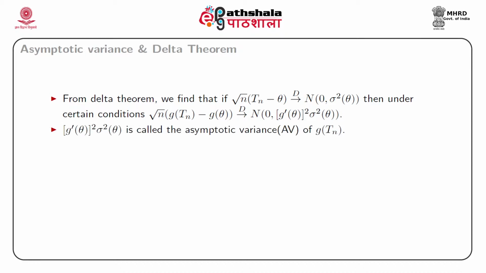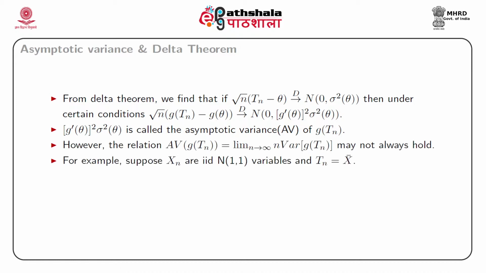However, the relation that asymptotic variance of g(Tn) equals limit n tends to infinity of n times variance of g(Tn) may not always hold. For example, consider an IID sequence of normal variables with mean and variance both unity, and consider Tn as x bar. Then it is an easy consequence of CLT that the distribution of square root of n multiplied by Tn minus 1 converges to a standard normal variable.